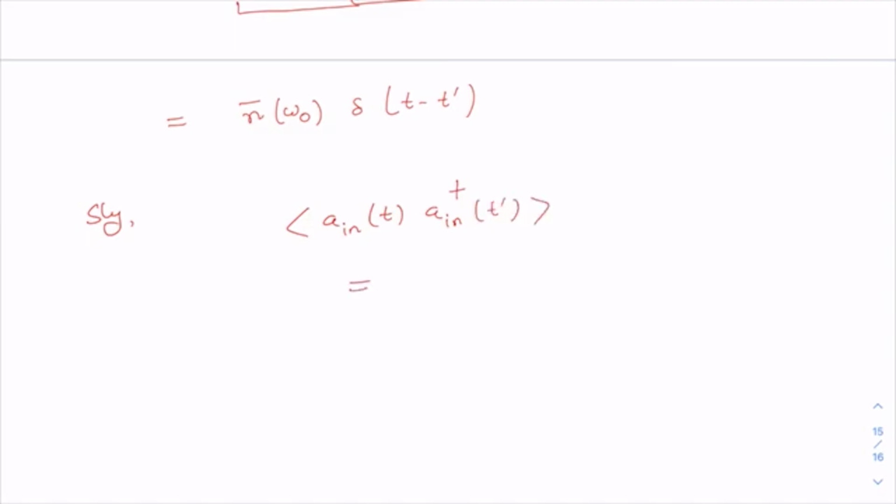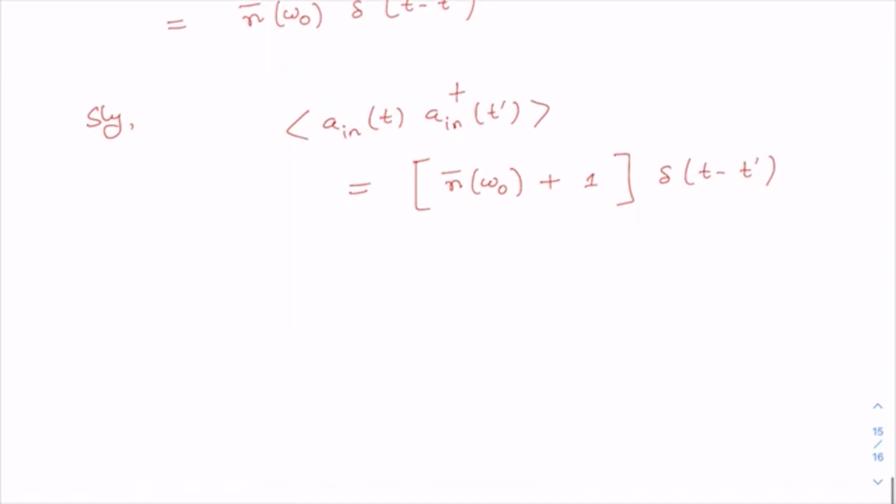This autocorrelation function in a similar way you can work out, and you can show that this would be n bar of omega 0, assuming again that the bath occupation number peaks at this cavity frequency. Then you will have this particular expression, delta T minus T dash.